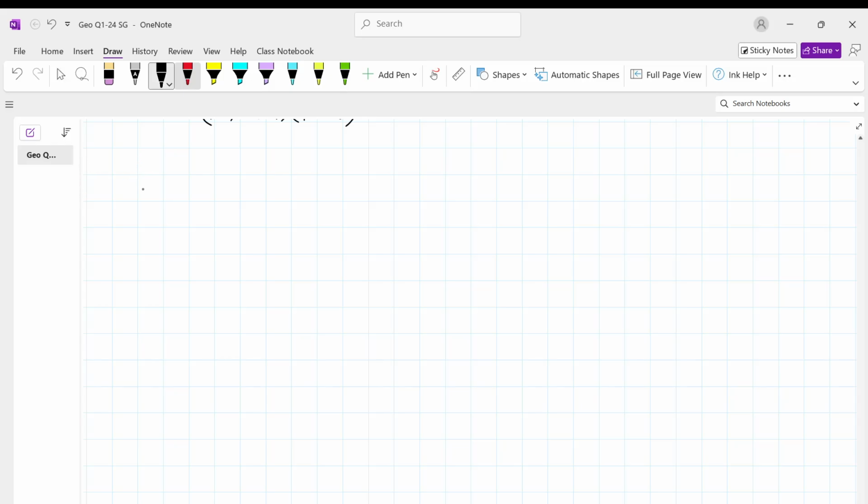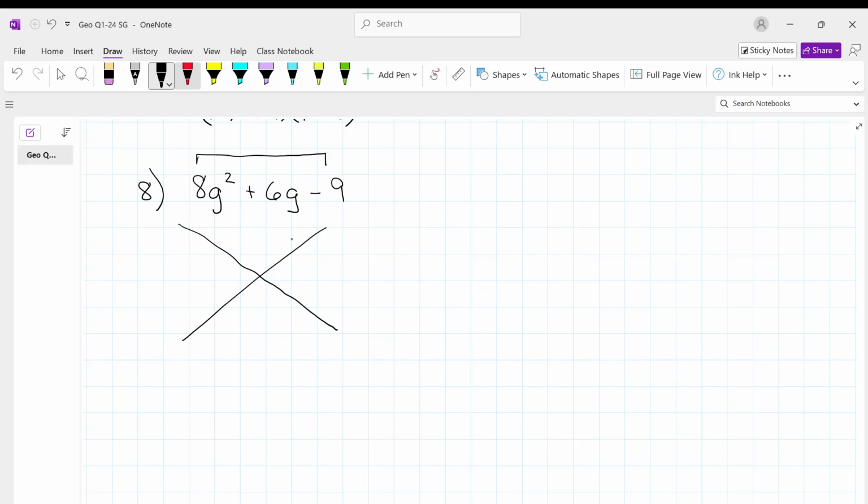Number 8: 8g squared plus 6g minus 9. Our a times c goes in the top. Our b goes in the bottom. We list the factors of 72.